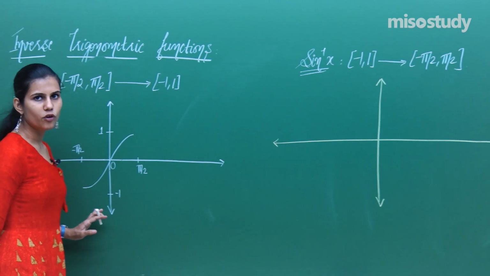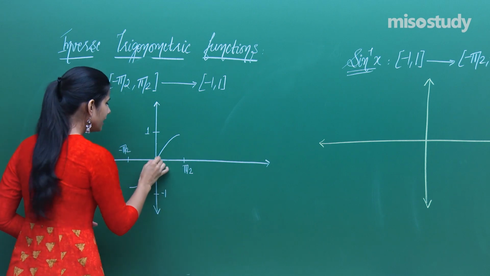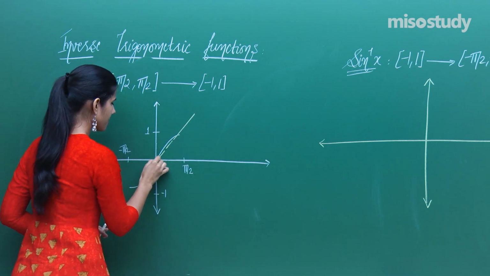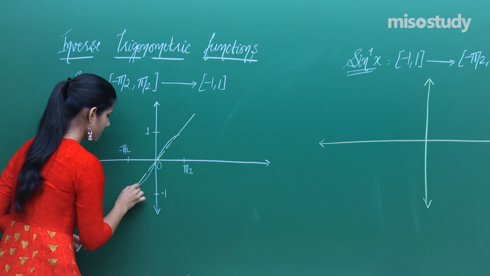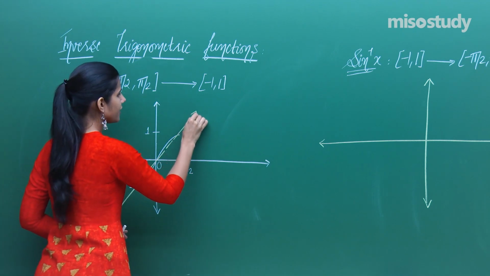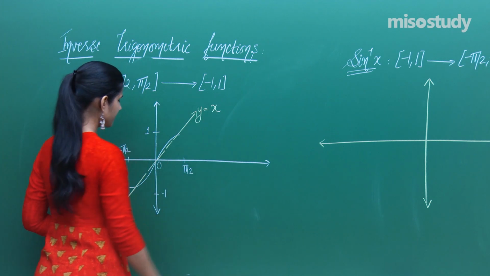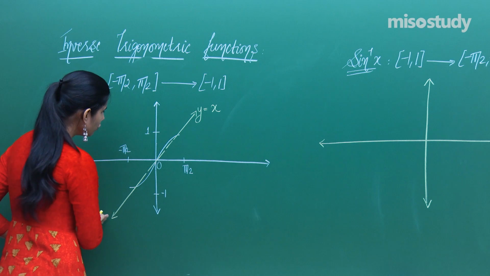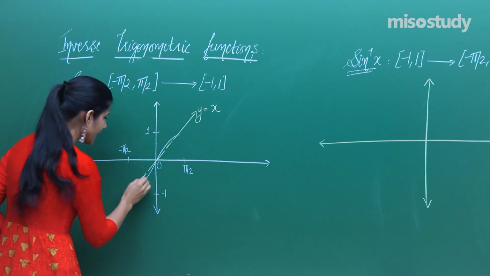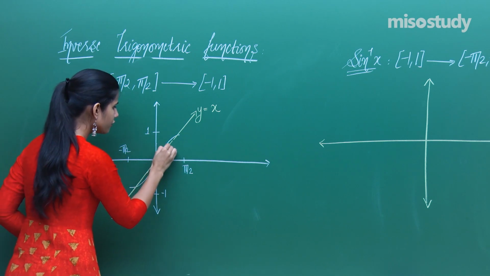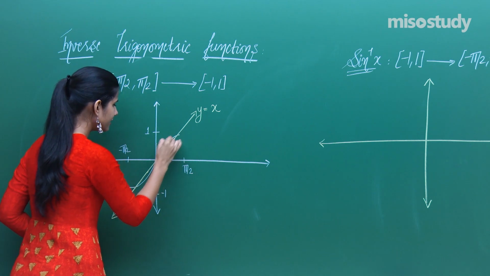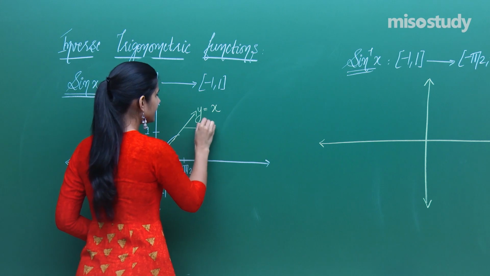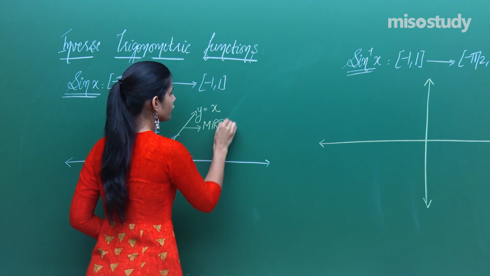Come back to the graph of the function. Draw the line y equals x. This is the line y equals x. We have learnt this graph, right? What you do is you let this line act as a mirror for you. What did I say? Let this line act as a mirror for you.